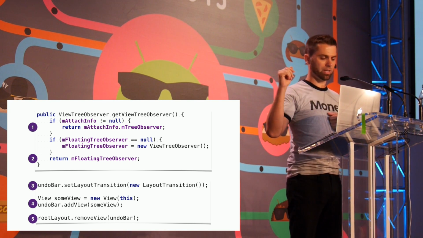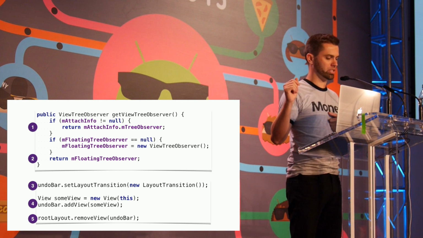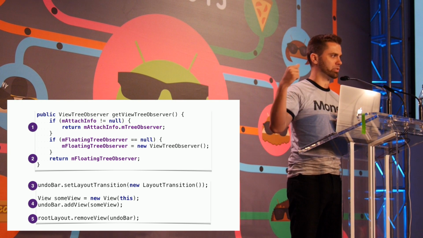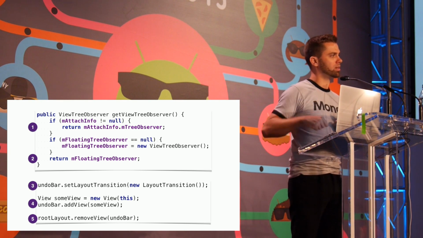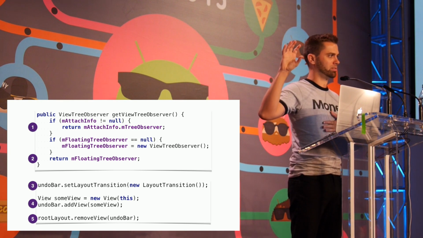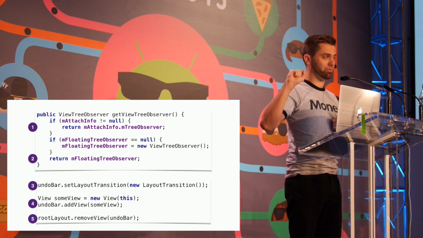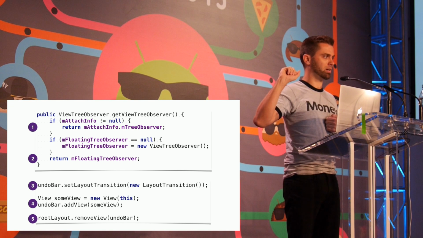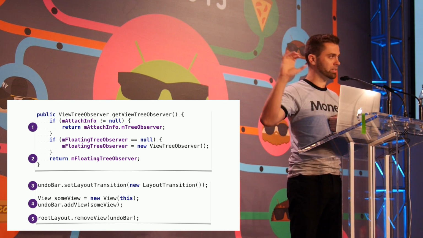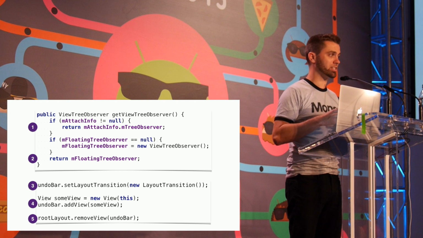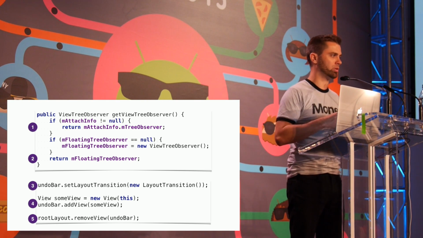Now, if you look at 3, we set the layout transition, and 4, we add a view. So this triggers the add on pre-draw listener in the layout transition. So now we have a pre-draw listener registered on our view tree observer. But then in 5, we remove the undo bar. So the undo bar is detached and doesn't have access to the view tree observer anymore.